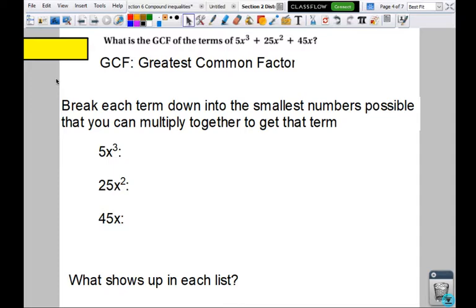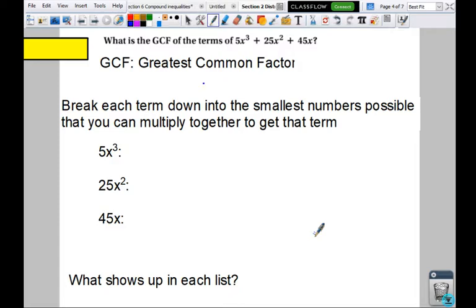What the greatest common factor, or I'm probably just going to say GCF because that's a pain to say, is, it is the biggest number or variable that goes into everything. So I want to get the biggest number that goes into every part of my polynomial up here: 5x to the third, 25x squared and 45x.